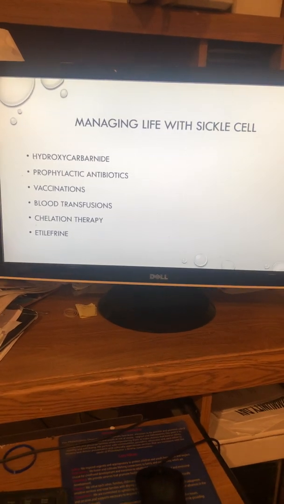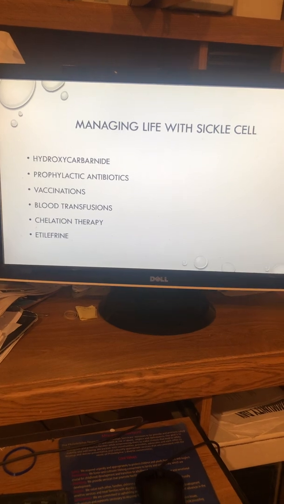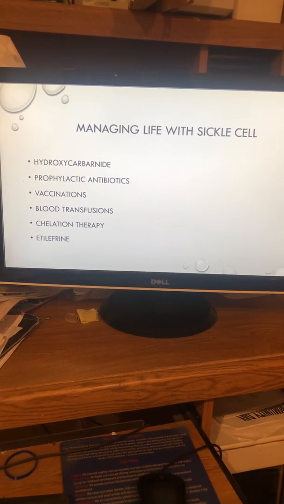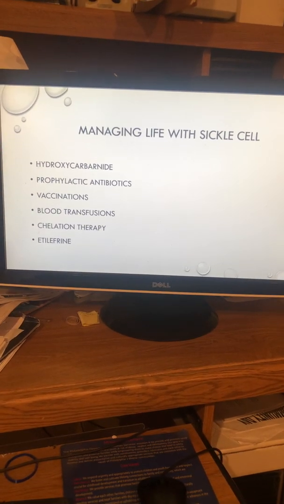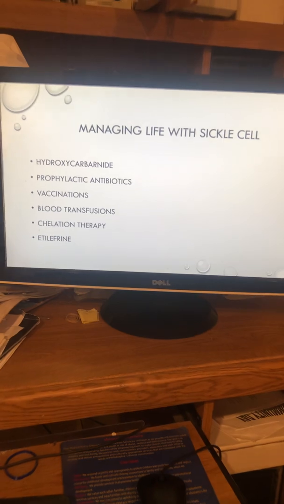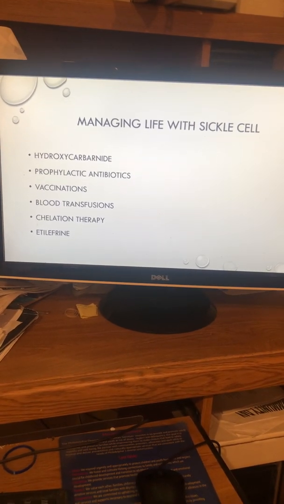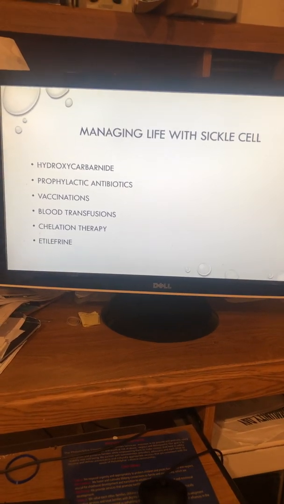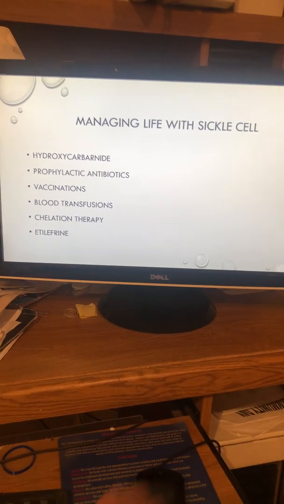Those who manage life with sickle cell take drugs such as hydroxyurea, prophylactic antibiotics. They receive several vaccinations, blood transfusions to replace the sickle blood cells in their body with fresh, hopefully circular blood, chelation therapy, and Exjade.